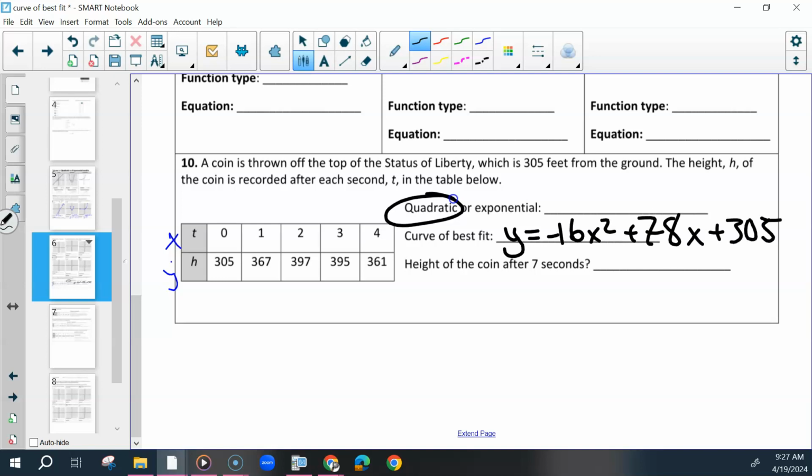And then find the height of the coin after 7 seconds. For how long? 7.